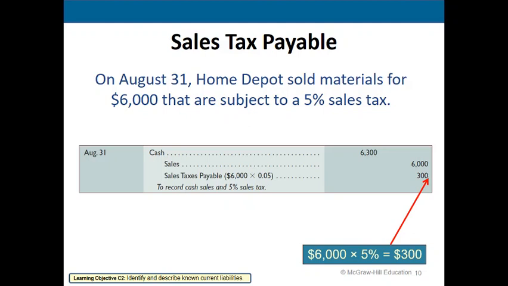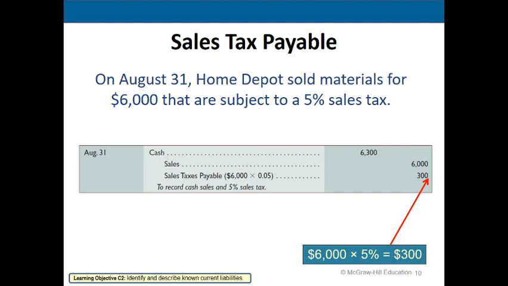And so here we have a situation where Home Depot sells materials for $6,000 and is subject to a 5% sales tax. So they're going to charge the customer the 5% sales tax. They're collecting it from the customer, and they're just holding the money waiting to pay the governmental agency. And so 5% of $6,000 is $300, and so they collect $6,300.